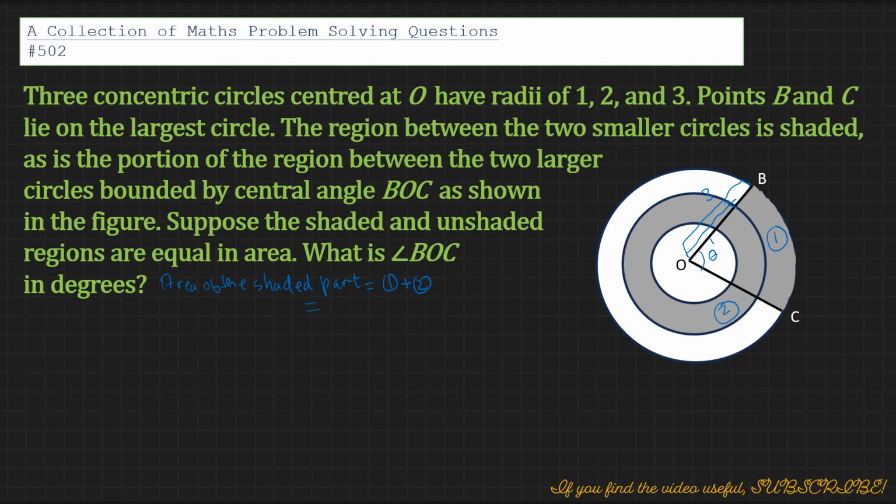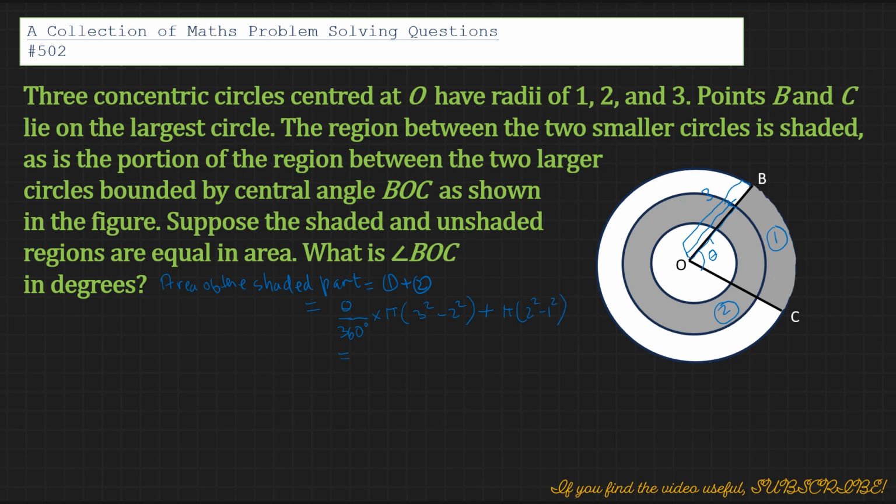So the area of the shaded part would be theta out of 360 degrees, multiplied by pi times 3 squared, the outer radius, minus the inner radius, which is 2 squared, and then plus 2, which is once more pi times the outer radius 2 squared minus inner radius 1 squared.